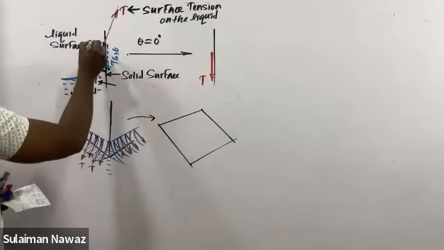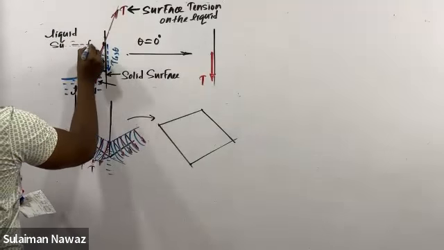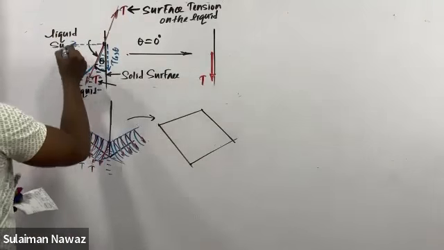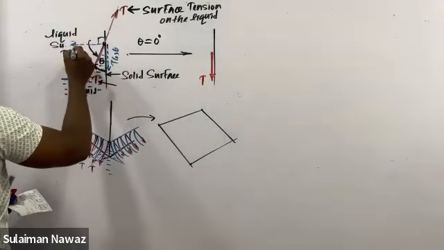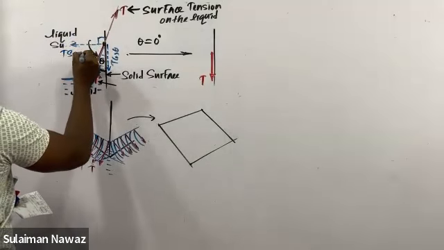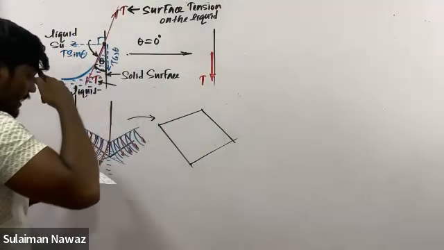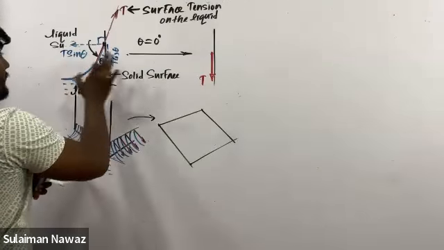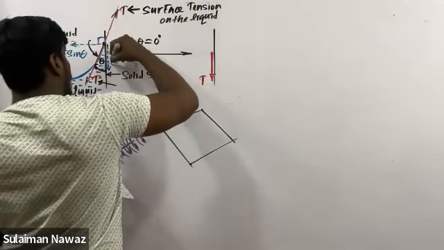One surface tension component will be perpendicular to the solid surface, away from the solid surface. That is T sine theta. Blue color is T sine theta, and black color is T cos theta.